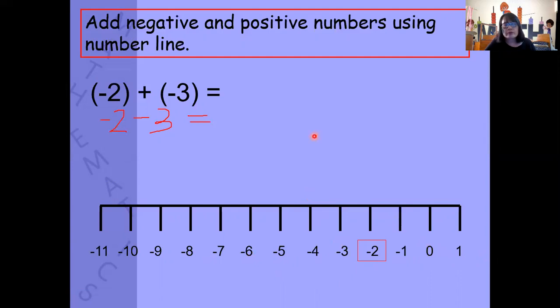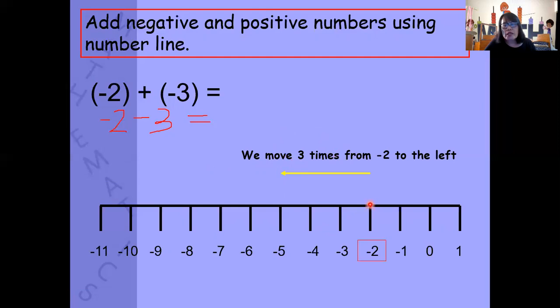So, keep it in your mind that we need to move 3 times from -2 to the left. Why to the left? Because all negative numbers are to the left of 0. So look at the arrow. It is going to the left. How many times do we move? We move 3 times.